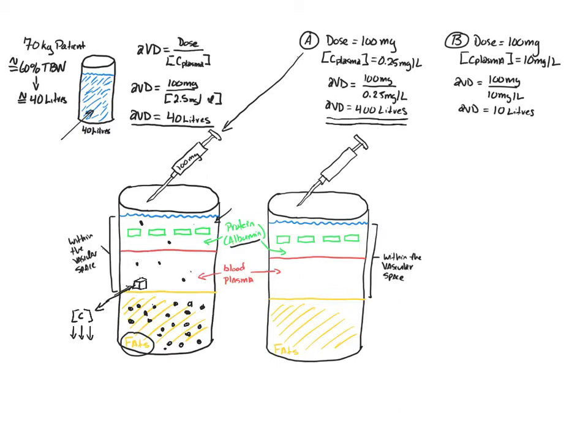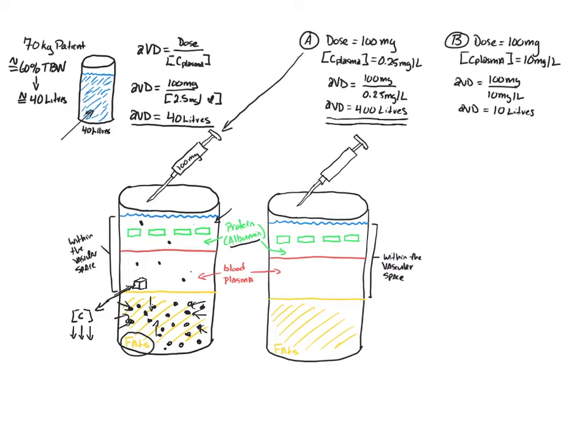It appears as though that 100 milligrams, if I forget about individual compartments, is dissolved in 400 liters, and it's not literally dissolved in 400 liters. It just appears that way, and we know that it's actually sequestered in some other compartment that we're not able to directly measure. And then kind of the opposite happens.